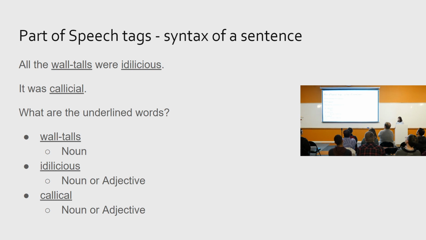Adjective, or maybe noun. How about "it was calicial"? What else would you replace calicial with? Good. It was good, it was nice, which are all adjectives. So we can infer the part of speech of a word based on the context that it exists in.